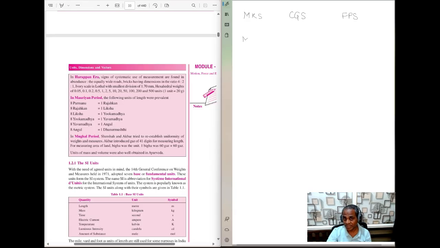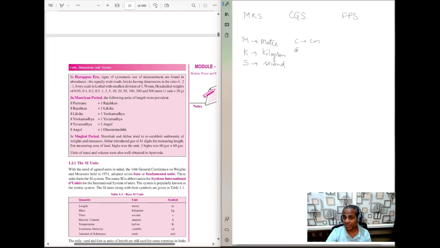Let's understand. In MKS, M stands for meter, which is a unit of length. K stands for kilogram, short form kg, which is a unit of mass. S stands for second, which is a unit of time. Here again in CGS, C stands for centimeter, which is a unit of length.